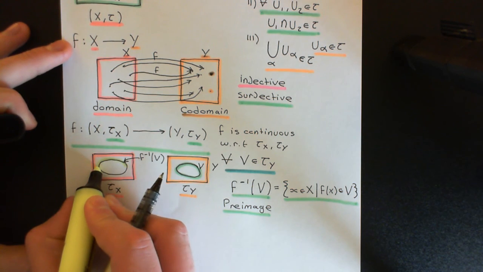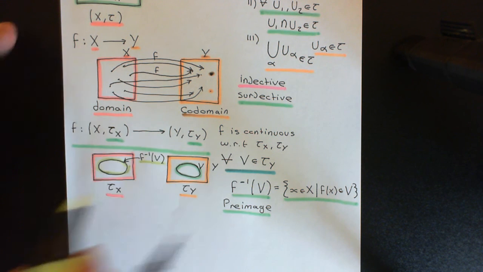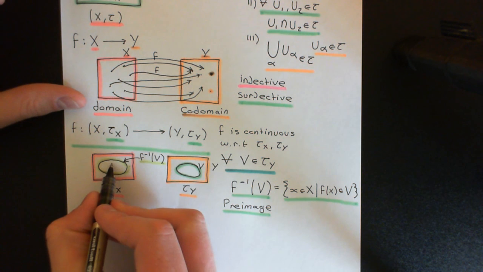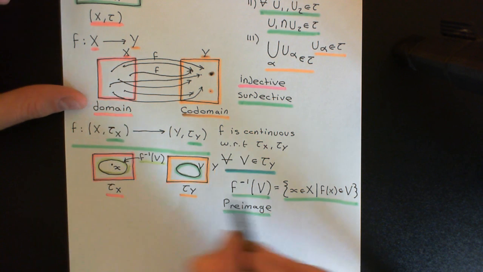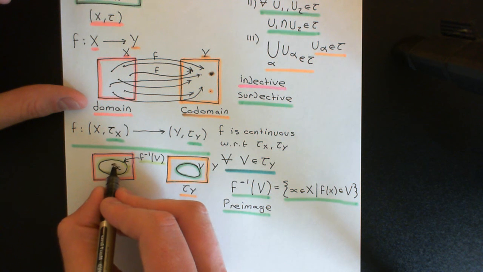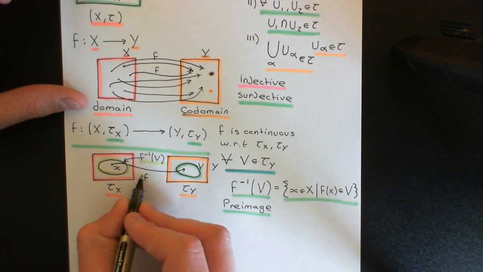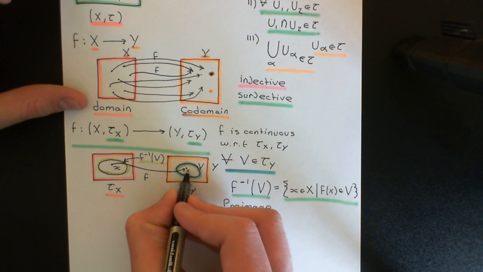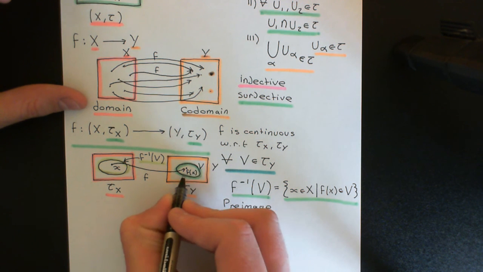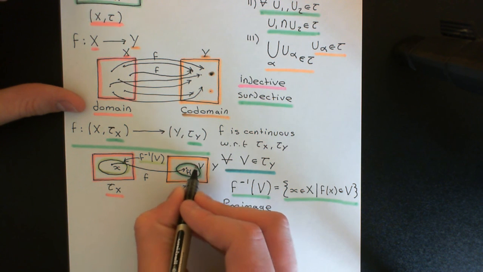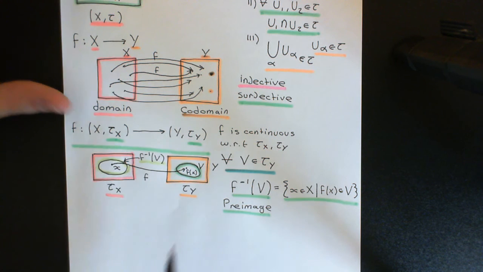So I'll denote this pre-image in yellow here. Okay, and it's going to be the subset that contains all points, little x, such that when I take f of little x, so I act the function f on little x, the answer ends up inside my original set, capital V, which is a subset of capital Y.